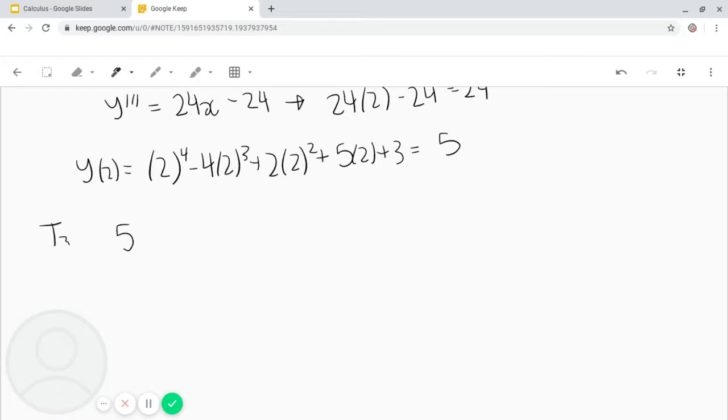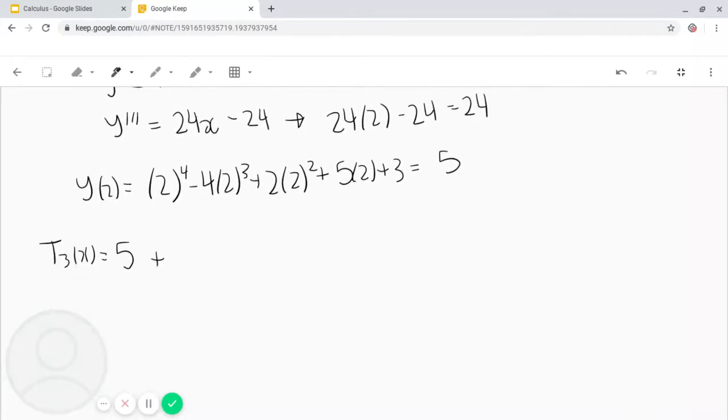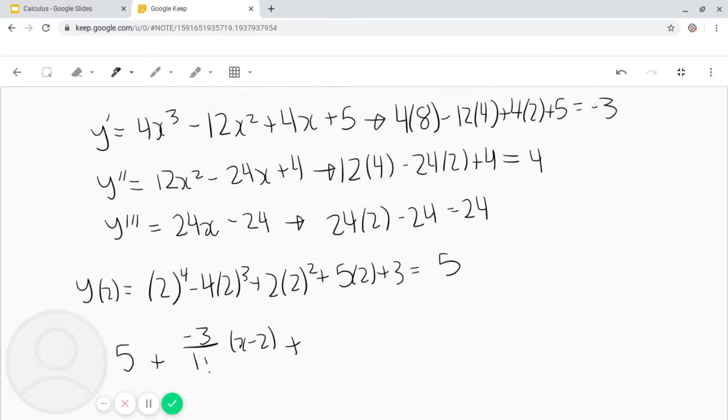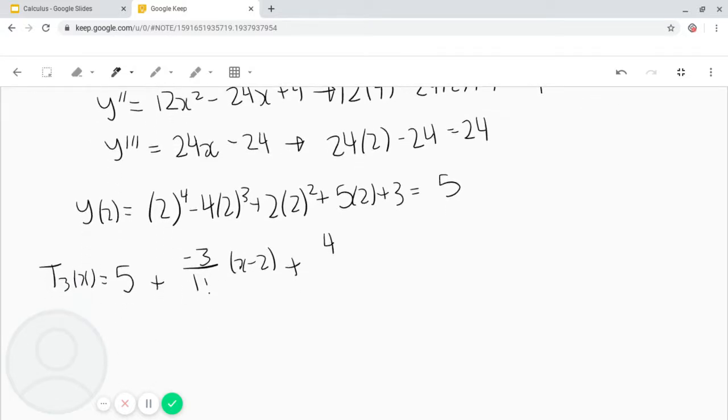Sorry, I should say T(x) equals 5 plus the first derivative at a, which is negative 3, over 1 factorial times x minus a, which is 2, and then plus our second derivative at 2, so 4 over 2 factorial times x minus 2 squared, plus our third derivative, 24 over 3 factorial times x minus 2 cubed.